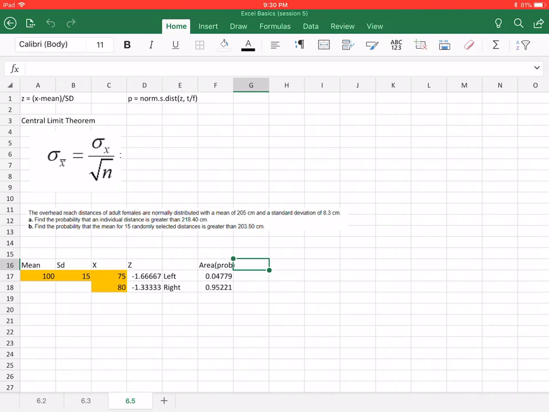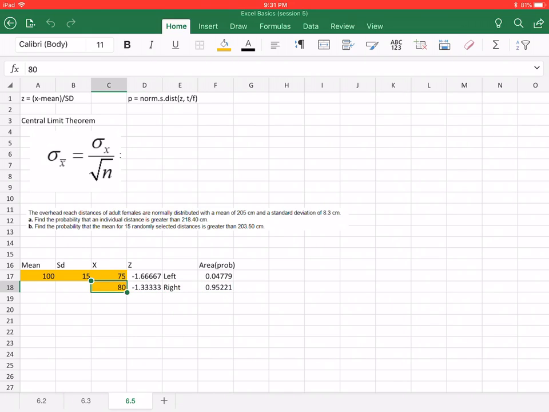So the questions will add what's the probability for an individual distance, and then it'll ask for a mean of a certain amount. So instead of asking for the general population and taking a random individual, it's going to say the population and you're selecting an amount.